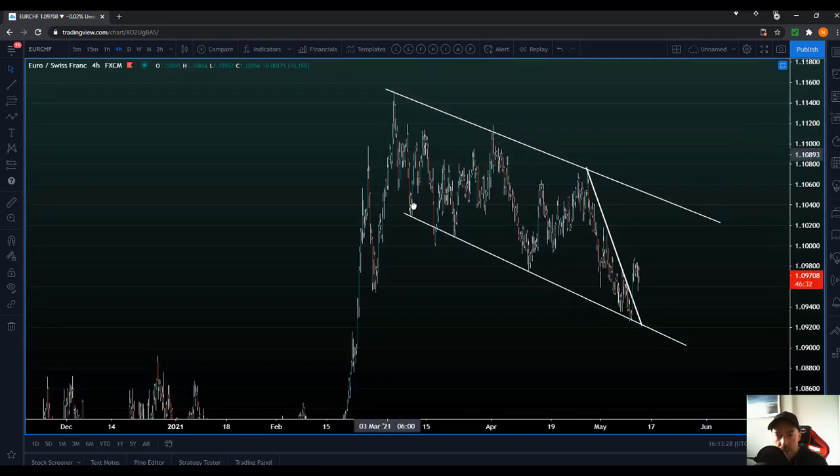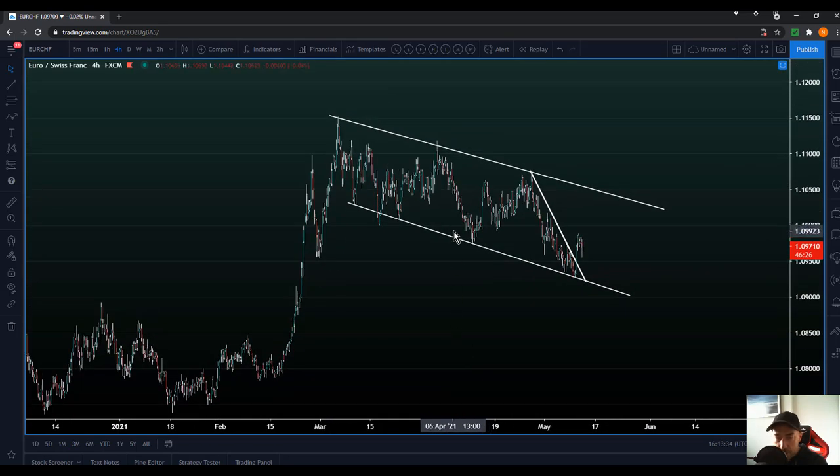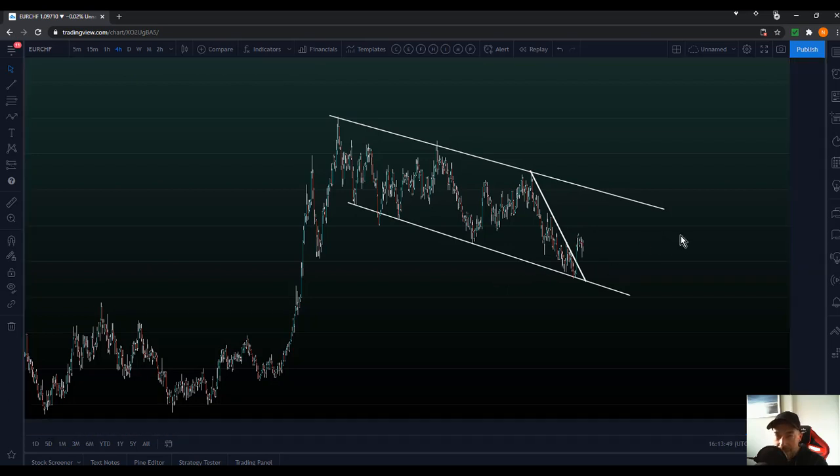As you can see, price is bouncing within a channel. We had a false break here, and this potentially is what's called a bullish flag. And this will be what's called your flagpole. This is the impulse which led to this flag, and a flag is a correction pattern, but it's a continuation pattern.